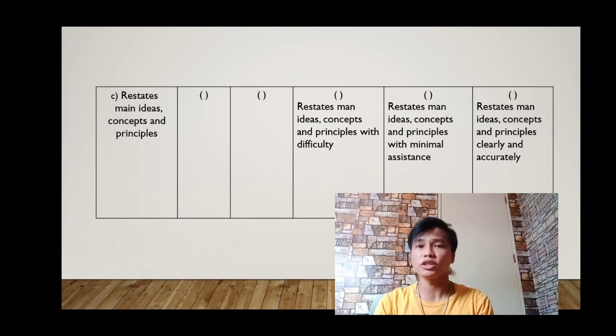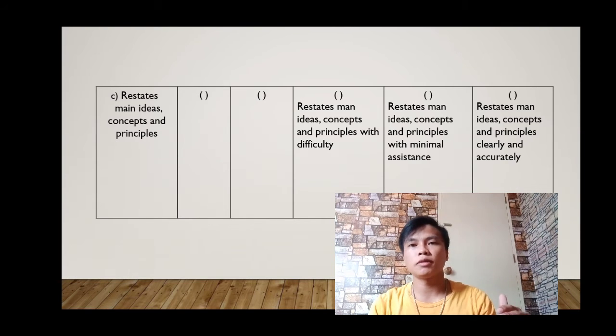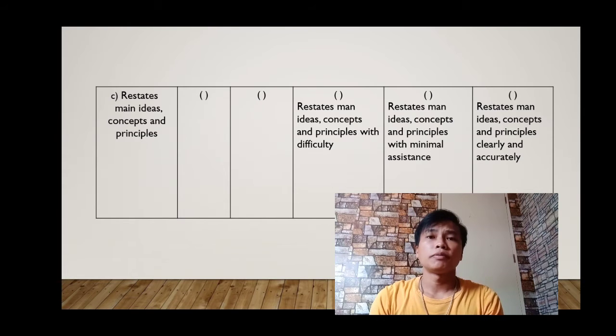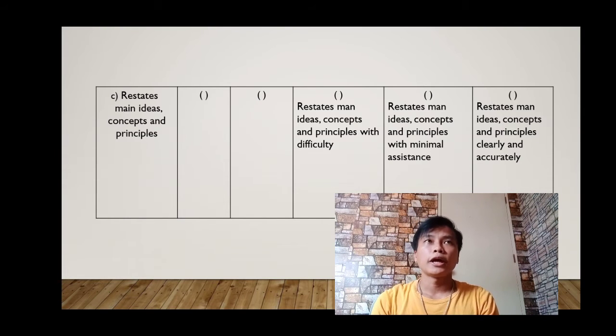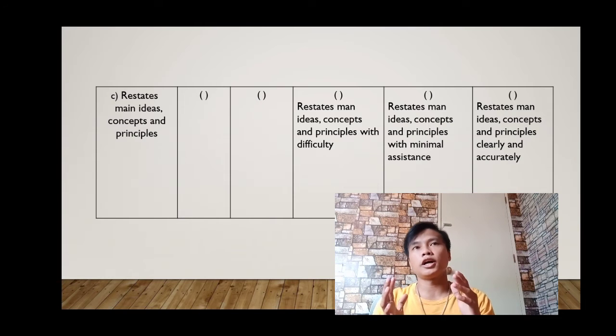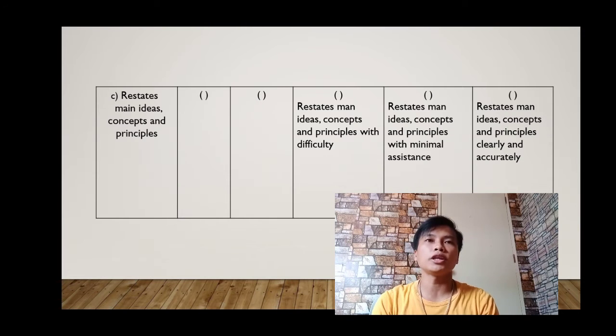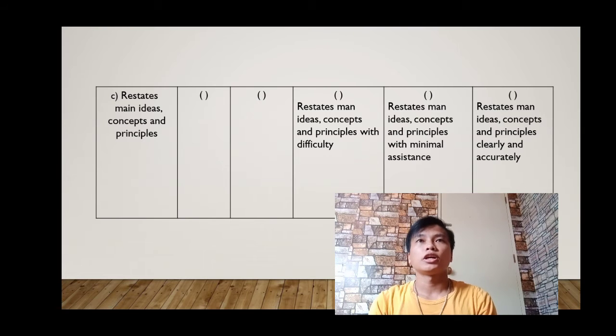So an example of this, like the example earlier, let's just give some level up to their performance, which is the students state the main ideas of the statements or the concepts of this, but with minimal assistance of their peers or their teachers.